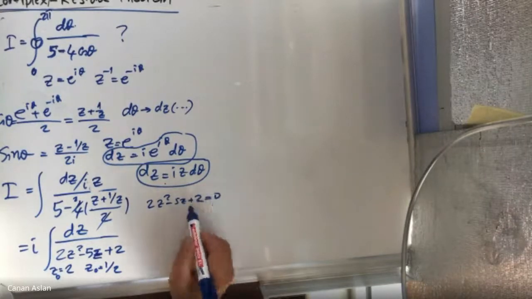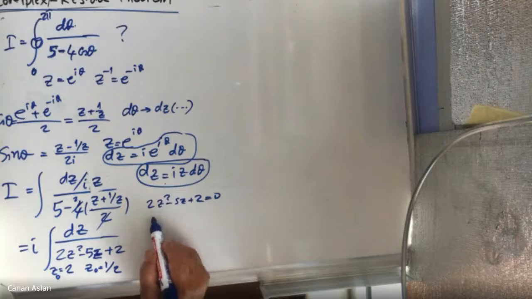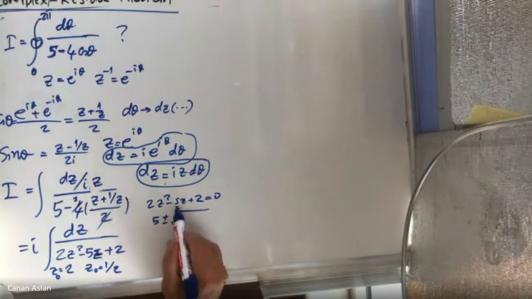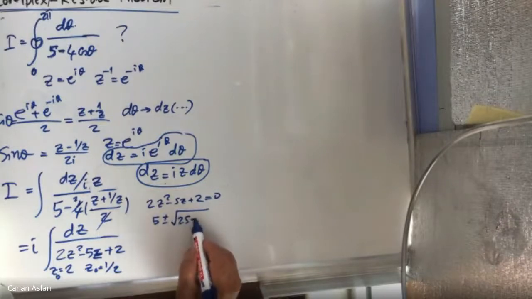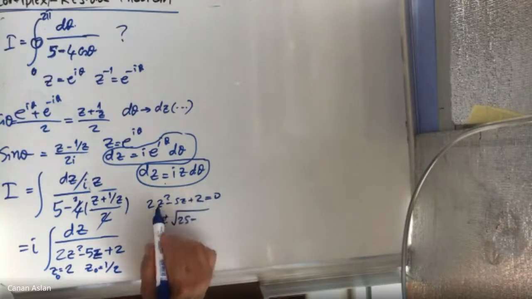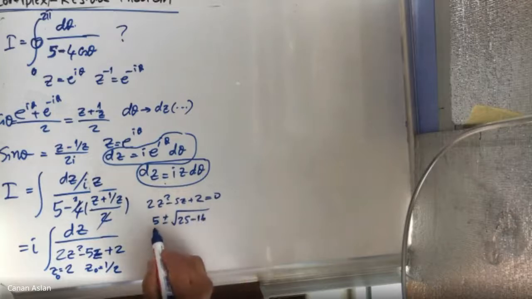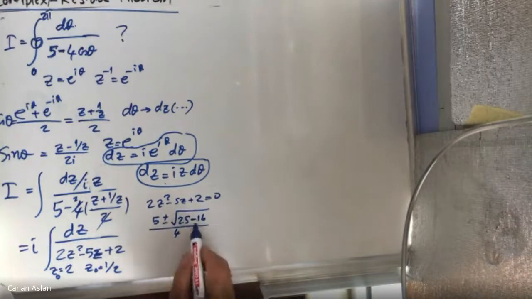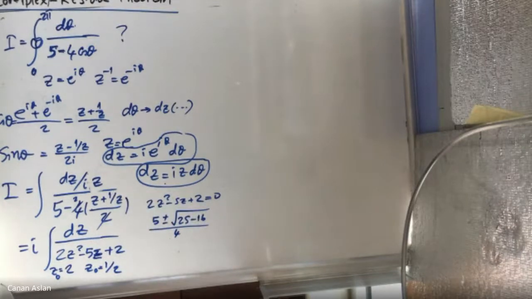When you set it to 0, you get the roots as minus b, which is plus 5, plus and minus the square root of b squared, which is 25, minus 4ac. 2 times 2 is 4, times 4 is 16. So basically this is just a number, not a complex thing, divided by 2a, which is just 4. As you see, 25 minus 16 gives you 9, and the square root of 9 is 3.